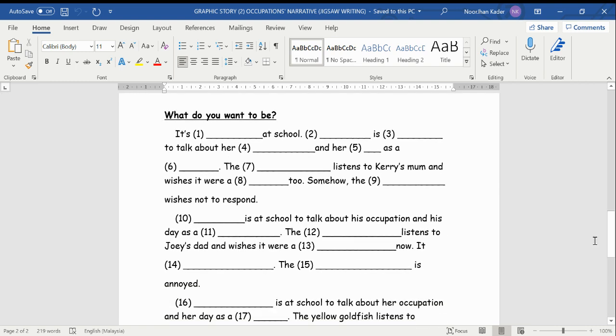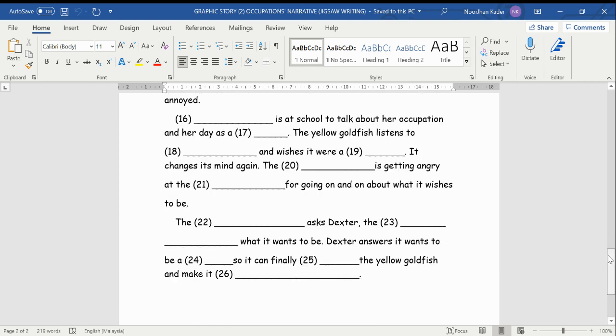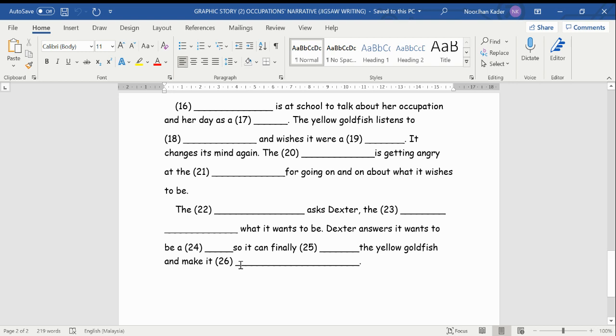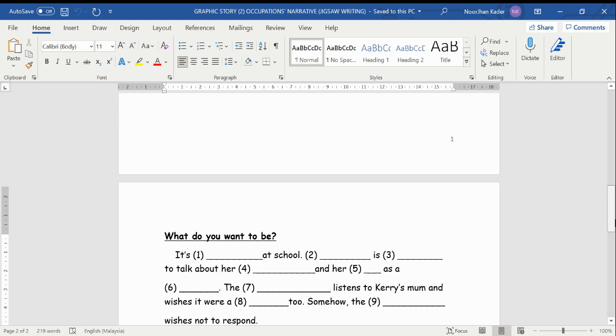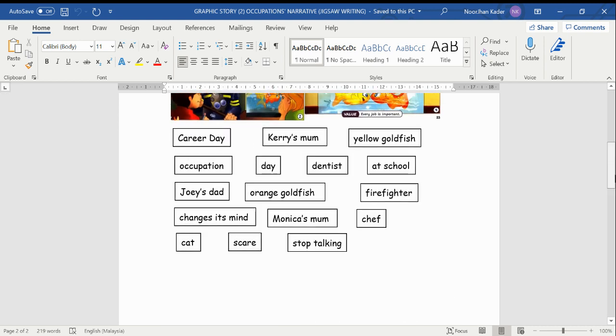In this narrative, you can see there are numbers here: 1, 2, 3, 4, 5, 6 until number 26. So we have 26 blanks here, but we do not have 26 phrases or words. We only have about 16.